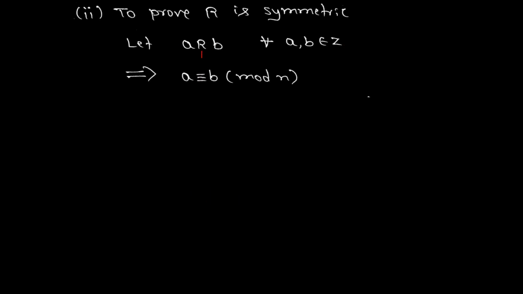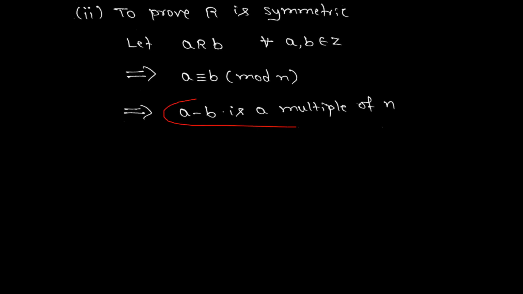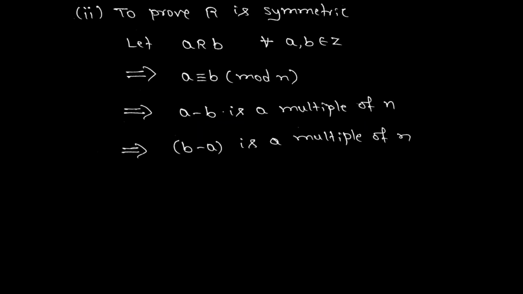That means a minus b is a multiple of n. Now whenever a minus b is a multiple of n, we can say b minus a is also a multiple of n.